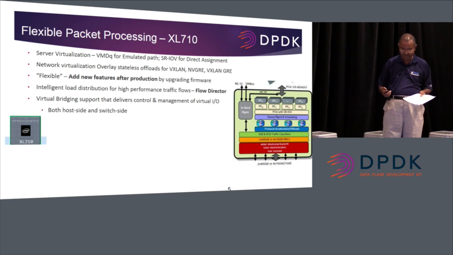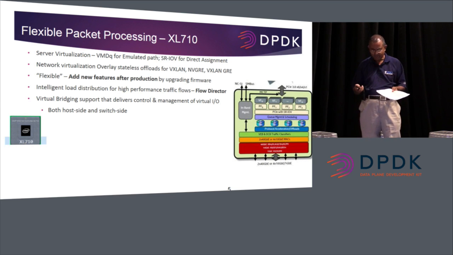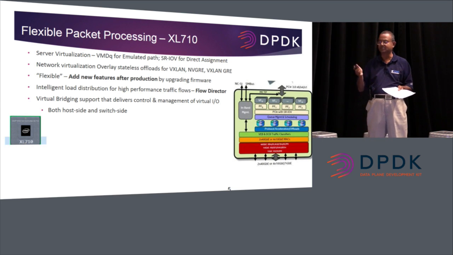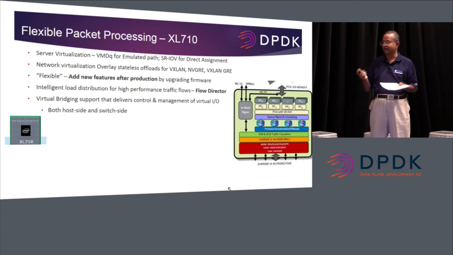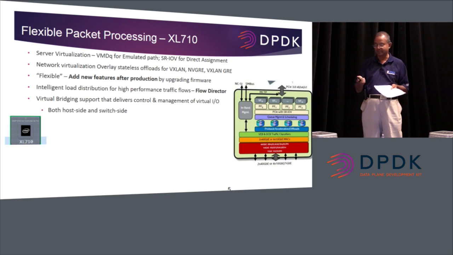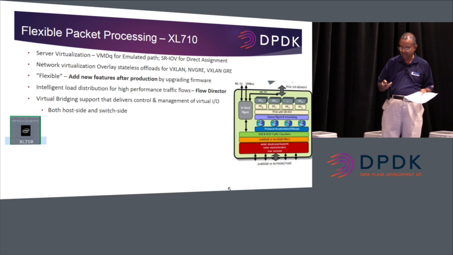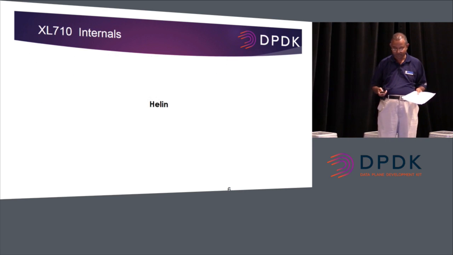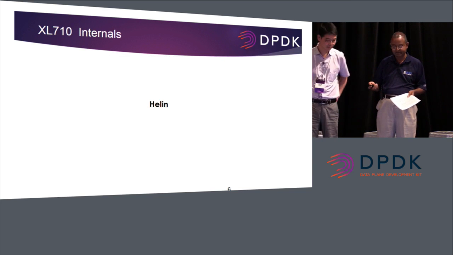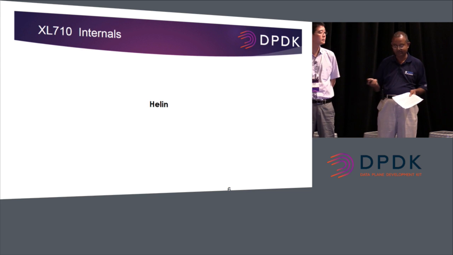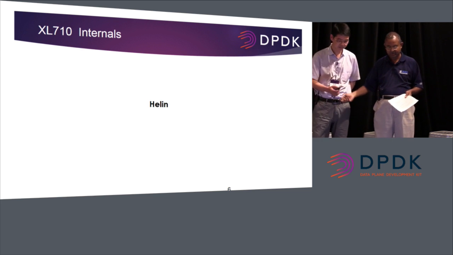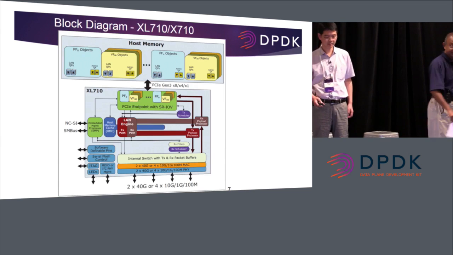And we have Flow Director with intelligent load balancing, and other exciting things like virtual bridging support, VEPA and other things, to have control and management for both host side and switch side. So that's the big picture, and I'm going to give the floor to Helen, who is from R&D, to talk about the internals, and I'll come back.